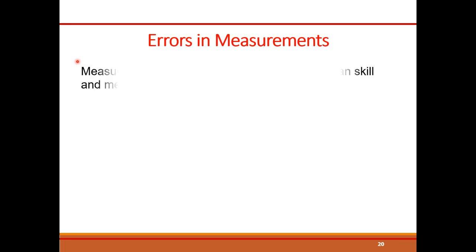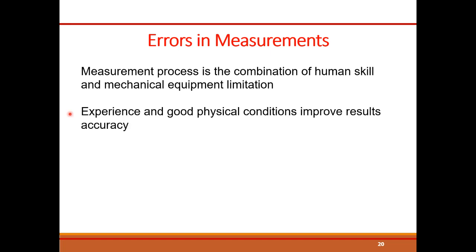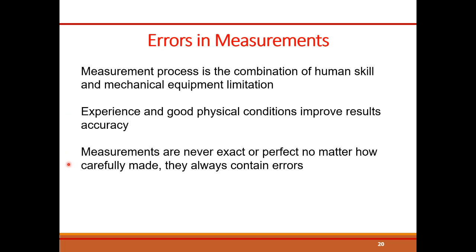Now, errors in measurements. The measurement process is the combination of human skill and mechanical equipment limitation. Experience and good physical conditions improve result accuracy. Measurements are never exact or perfect, no matter how carefully made. They always contain some sort of errors.